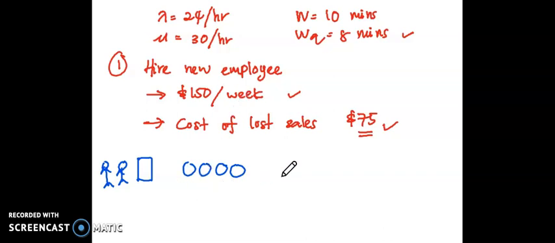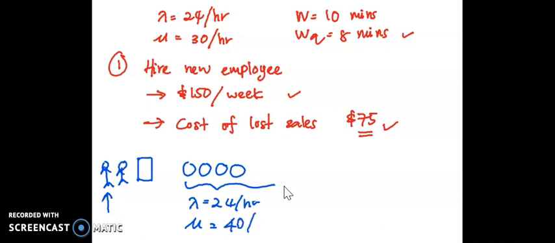In this case, the arrival rate is still the same. We still consider lambda equals 24 per hour, but now for the service rate, since we have somebody who assists at the counter, we can assume that the new service rate will be 40 per hour.